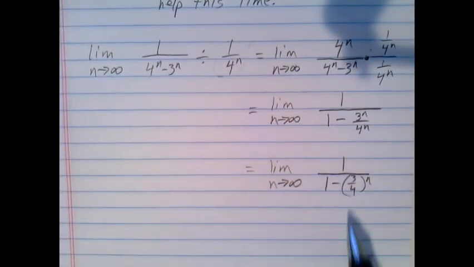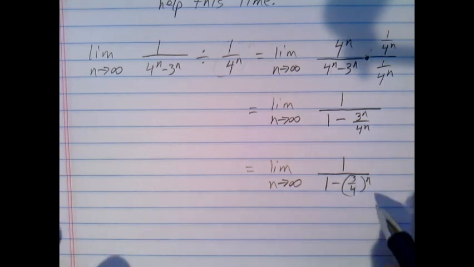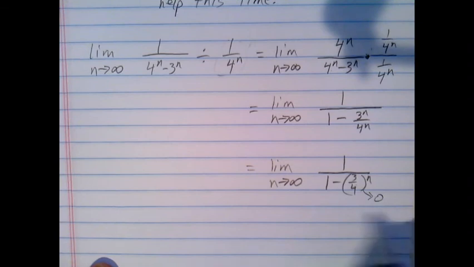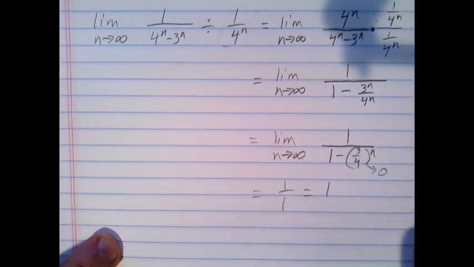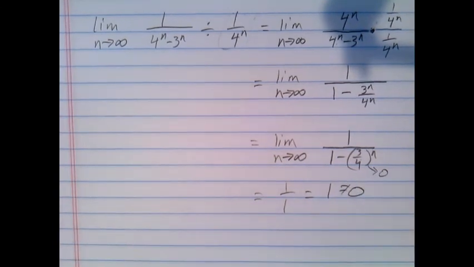Now the reason that's helpful is because now, remember we're taking a sequence limit, this term is a geometric sequence whose r value is between 1 and -1, which means that its limit as n goes to infinity is 0. So the value of this limit is 1 over 1, or just 1, which is not 0. So the limit comparison test is going to allow me to draw a comparison here.